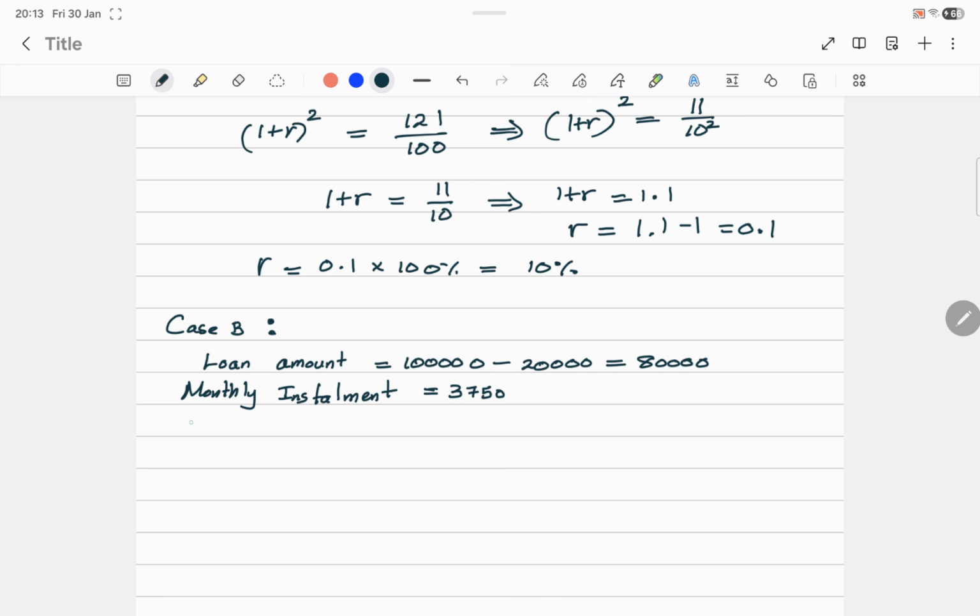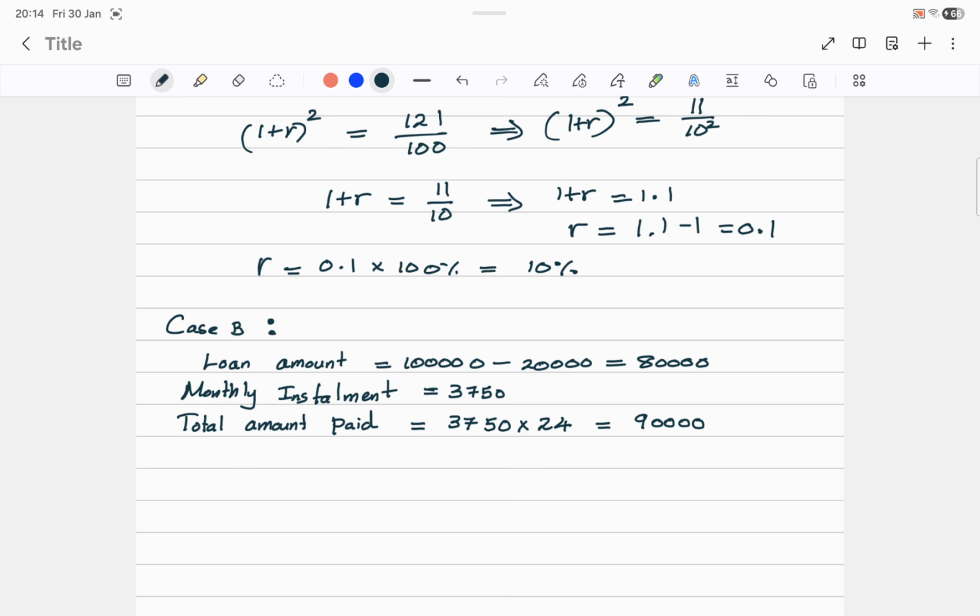So then we can find the total amount paid. Total amount paid is what? 3,750 into 2 years. So 2 years means 24 months, no? 3,750 into 24. So 37,500, 75,000 and 15,000, 90,000. So total amount paid is 90,000. Right.